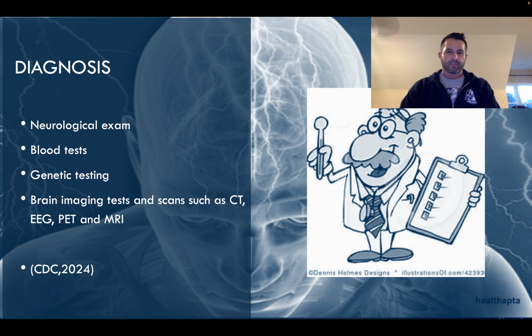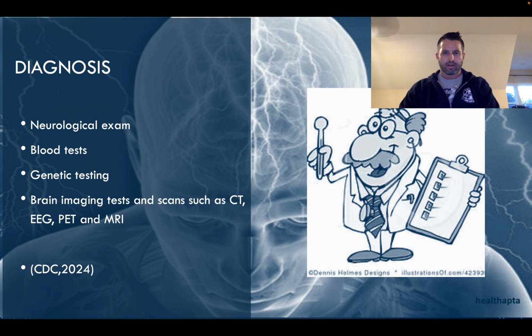And then the best way to find out all this is you're going to have a CT scan, an EEG, and then the PET scan, and then the MRI. And the best one to get is the MRI, because that's the most detailed.